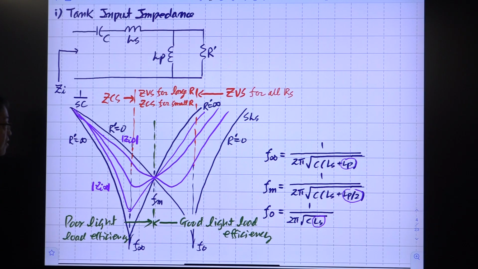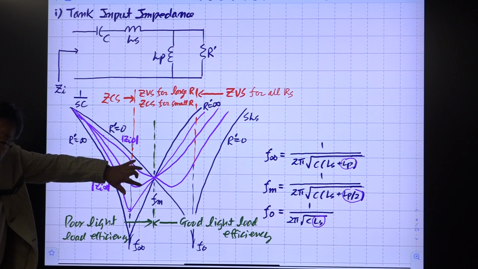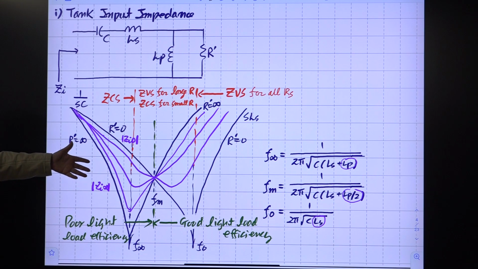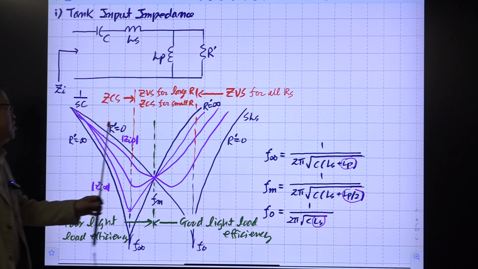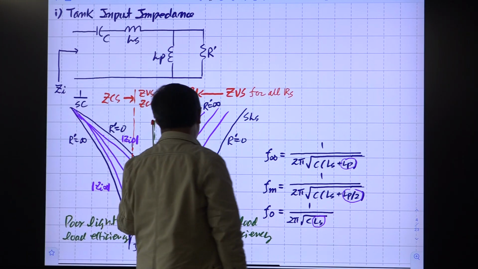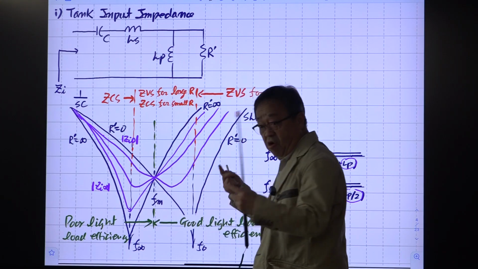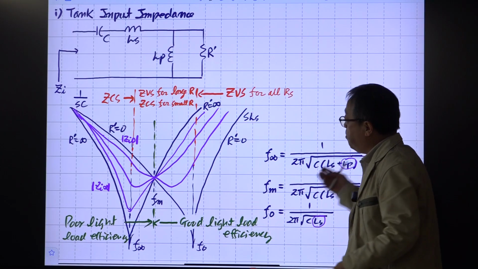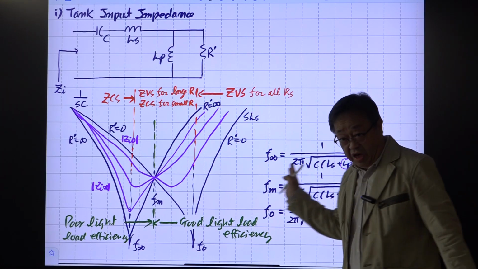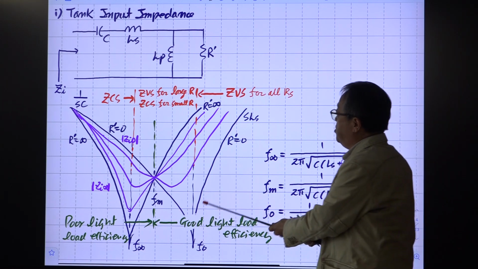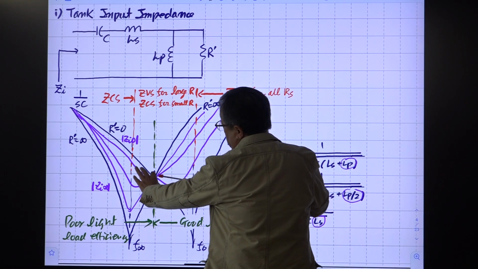Okay? And in between, all the impedances corresponding to R prime from 0 to infinity are confined in these two regions. Okay, we went through this. Right? So it looks like this. And in the middle, there is one point where all the impedance curves merge together and pass through to the other region through this narrow gap, a small pinhole.